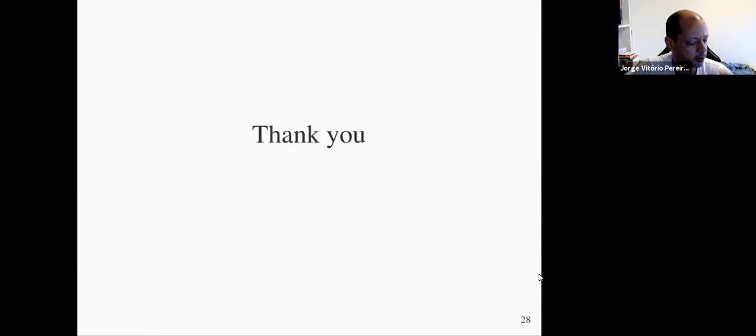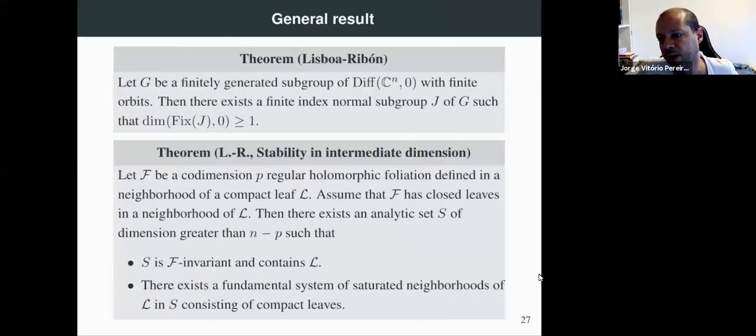So I have a comment. Indeed, this last result in the projective case, you can make it quite stronger, right? Because since this set is invariant and contains L and is saturated by algebraic subvarieties, either it's Zariski dense, and then you can propagate this and you get to the actual Reeb stability, or this will be algebraic.